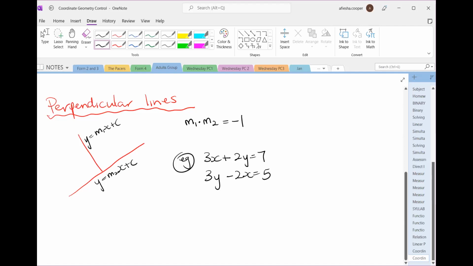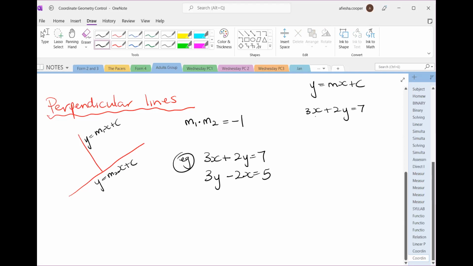So we have equations of the line here, but they are not in the correct format for us to identify what is the gradient, what is the y-intercept, etc. So what we have to do is put it into that form. We'll take the first one, which is 3x plus 2y is equal to 7. Remember, the form is y is equal to mx plus c.